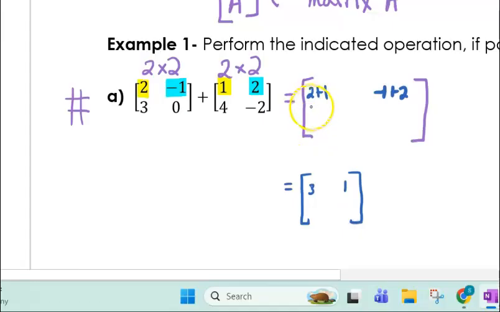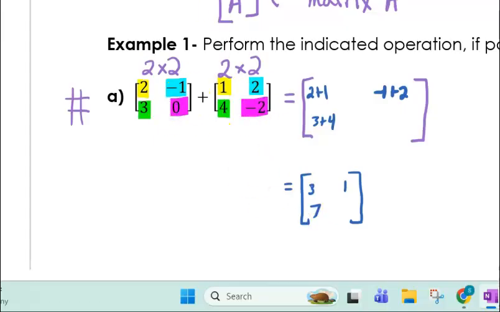Then the 3 and the 4 are the second row, first column. So you do 3 plus 4, they're in corresponding locations, so you get 7. And then you do 0 plus -2, and you get -2. That's your answer matrix: 3, 1, 7, -2.